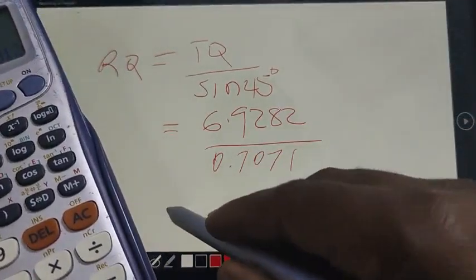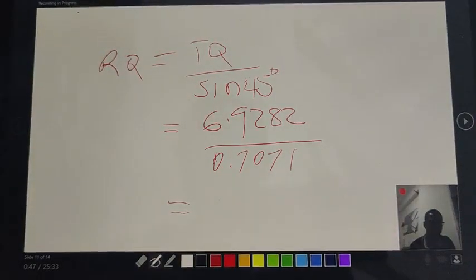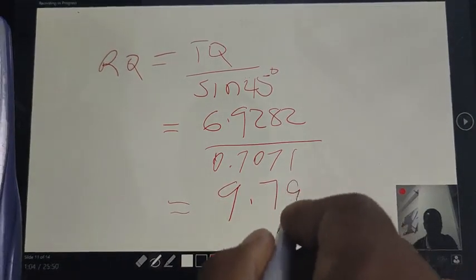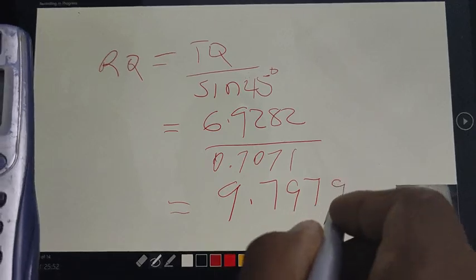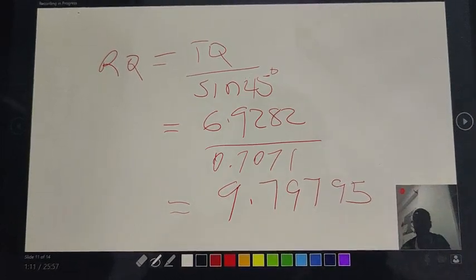So if you divide, our RQ will be equal to 6.9282 divided by 0.7071. The answer will give us 9.79795, in centimeters. So that's the value of RQ.